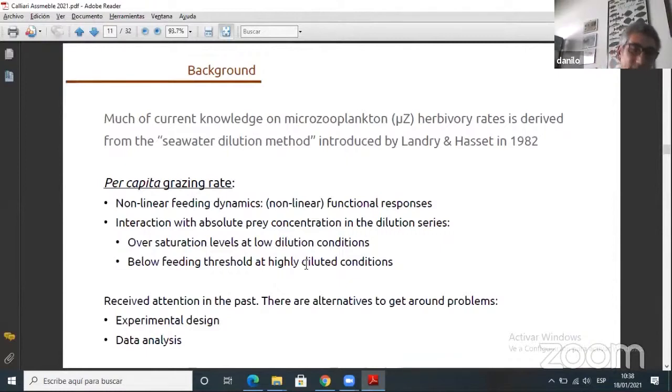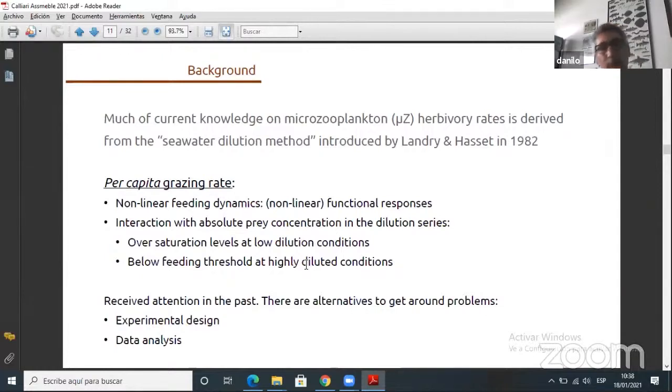The key issue here is that first of all, there are non-linear feeding dynamics because the microzooplankton have their own functional responses to food, and then there is an interaction between these functional responses and the actual absolute prey concentration in the dilution series, which are different among conditions.